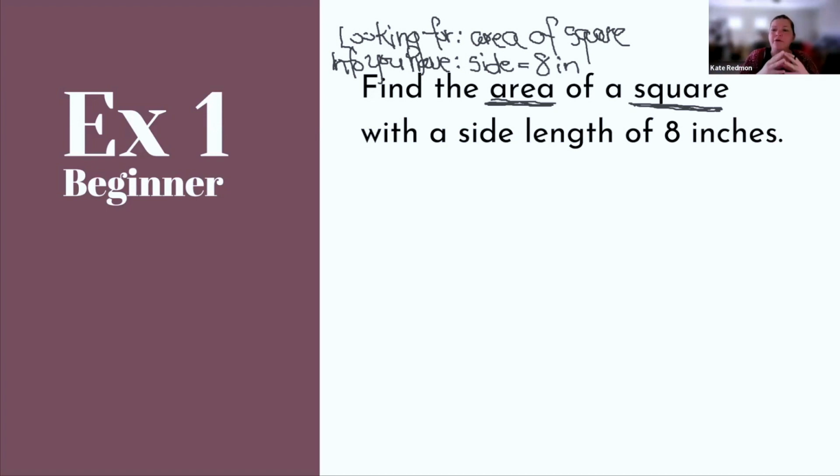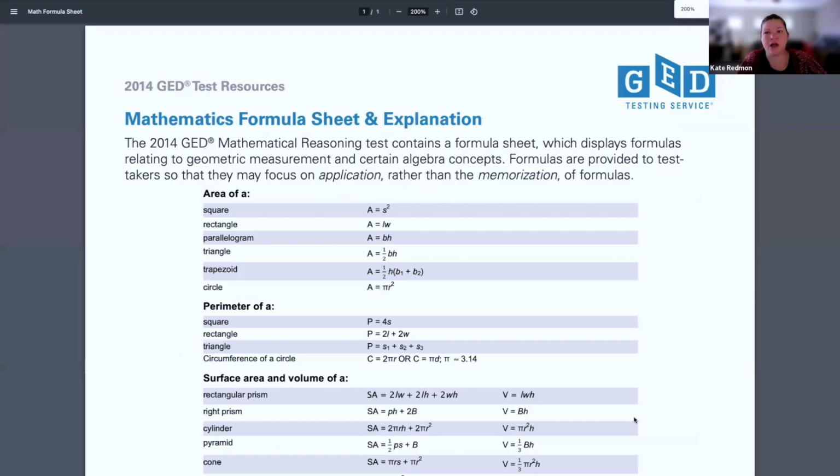Okay. Remember how I told you that a formula relates variables with an S? We need something, an equation that relates the area of a square to its side length. Let's go see if we can find one. All right, Mason, here's the formula sheet we were talking about. Which section do you think that I should be in if I want to find a formula that relates the area of a square to its side length?